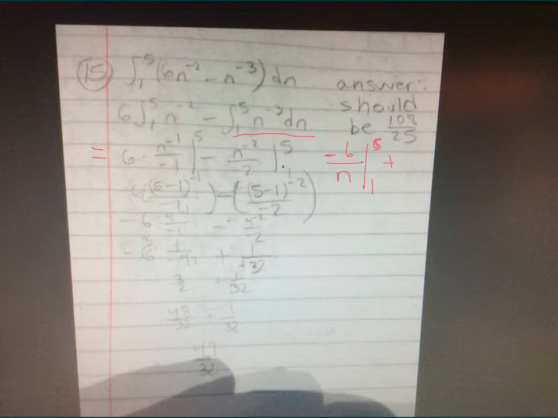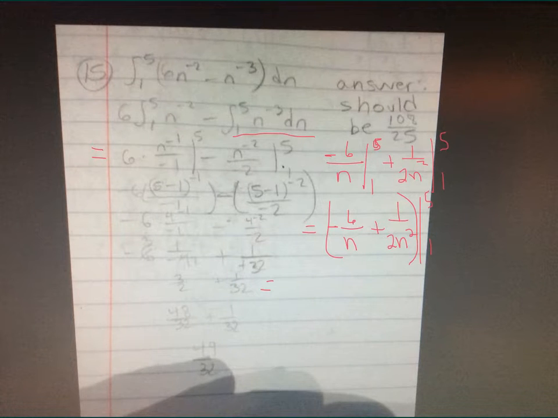The negative 2 is on the bottom, so we would have 1 over 2n squared over 5 and 1. Sorry, I keep hitting the wrong button with my wrist at the bottom of the page here. Now, if I evaluate this, I think I would rather write it like this, and do it all together.